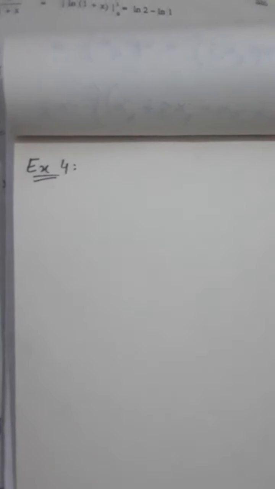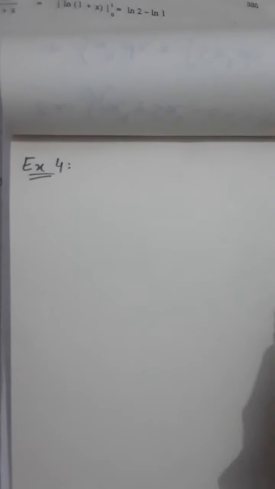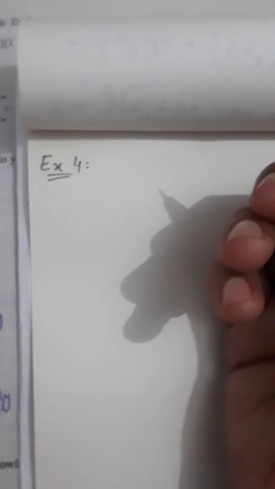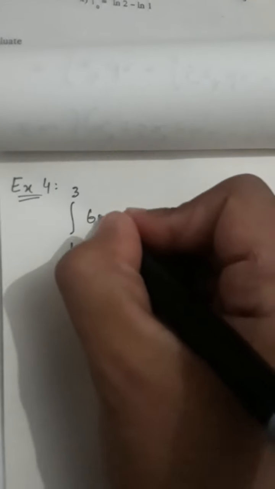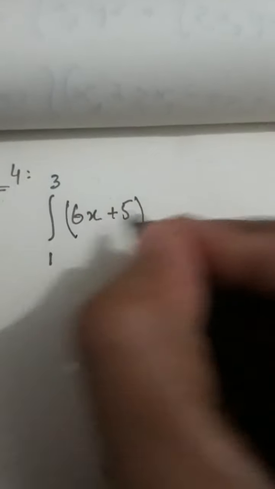And now one last example on definite integrals to make you understand how to solve definite integrals. This is almost the same as the indefinite ones, just one step is necessary, that is the insertion of the limits into the solution. So let's say I have an integral with limits 1 till 3, and the integrand is 6x plus 5 dx.